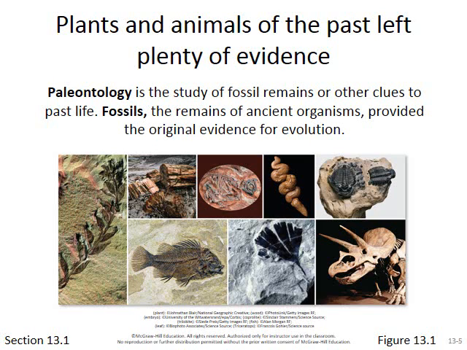Fossils are the remains of ancient organisms, and they provided some of the first evidence of evolution. A lot of these scientists, like Darwin, knew about fossils and the links between some of these characteristics of organisms in the fossils compared to present day Earth, and this helped shape the idea of present day evolution.